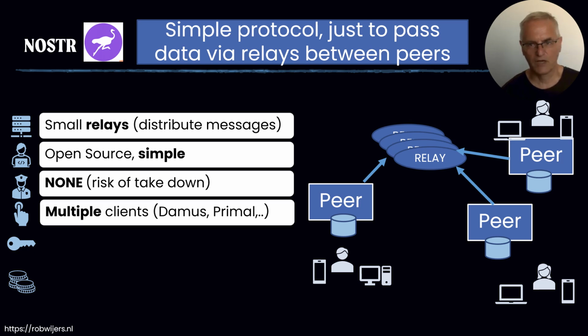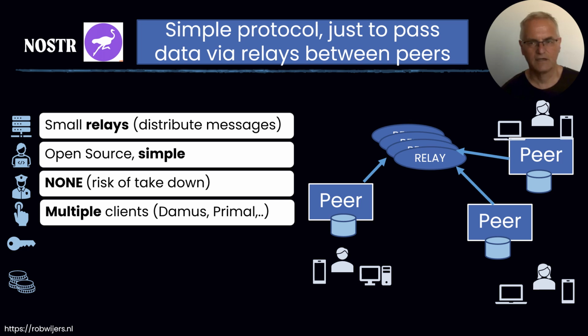We got multiple clients, so you can just run any kind of software as long as you distribute your messages according to the protocol that is defined within Nostr. So different kinds of clients, which means it can also be a kind of Facebook, a kind of Telegram. The main objective at the moment is an alternative for Twitter or X. And there are multiple clients, and you can just switch from client to client and have your same data again.